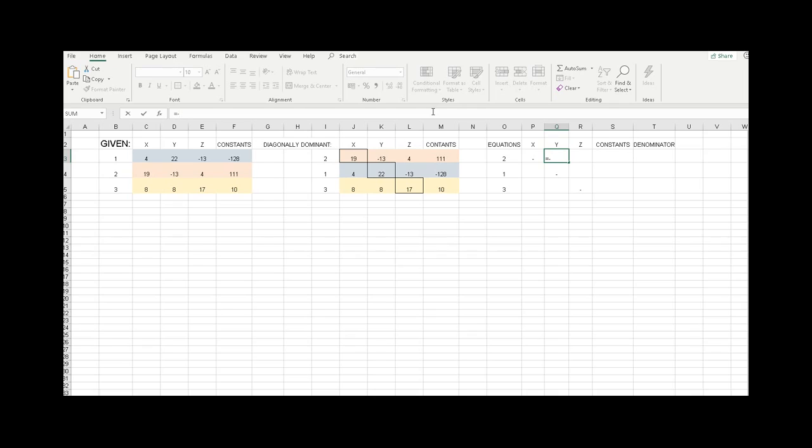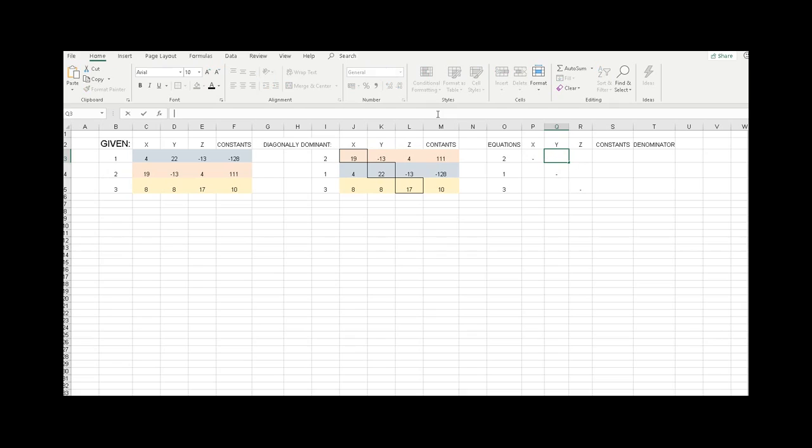So what should appear here, according to the equation we just looked at, is the coefficient of Y should be the negative, and since it's negative 13, it should be positive 13 right here.